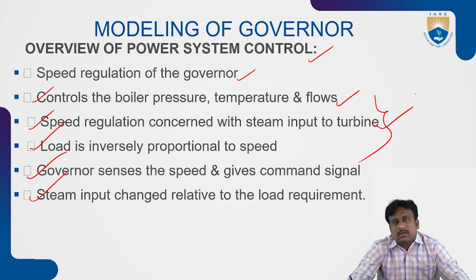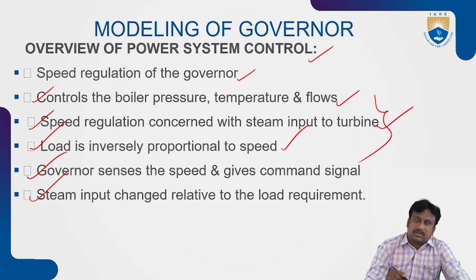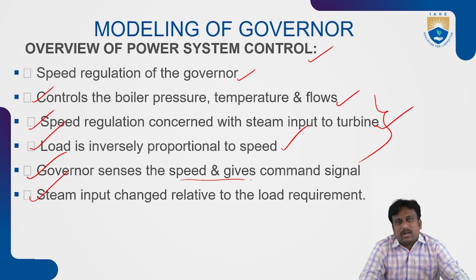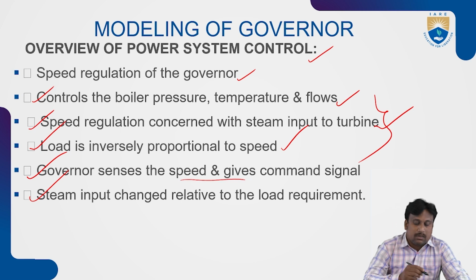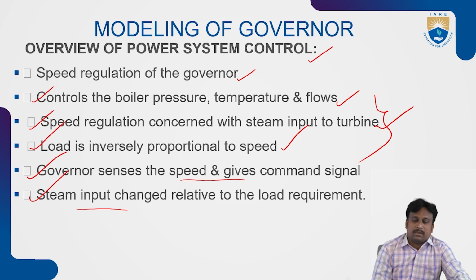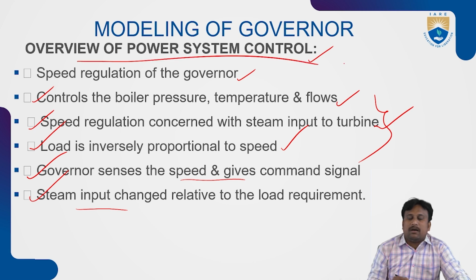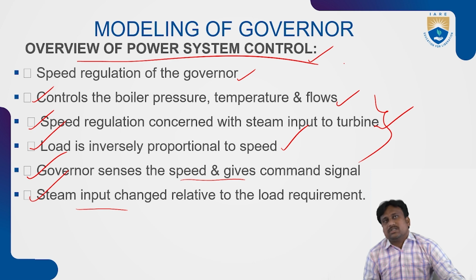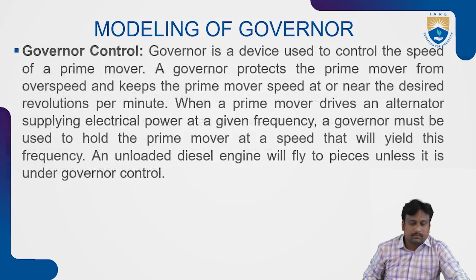The load is inversely proportional to the speed. The governor senses the speed and uses command signals, and the steam input change is relative to the load requirement. Likewise, we can make a simple overview of the power system control operation.